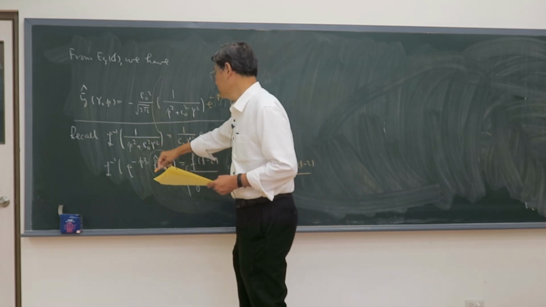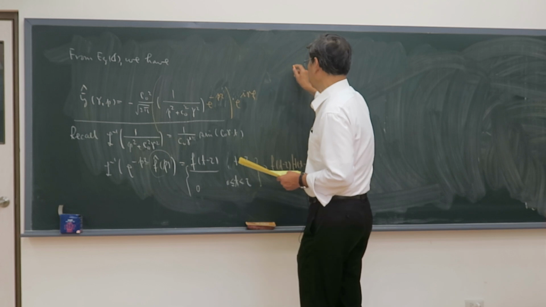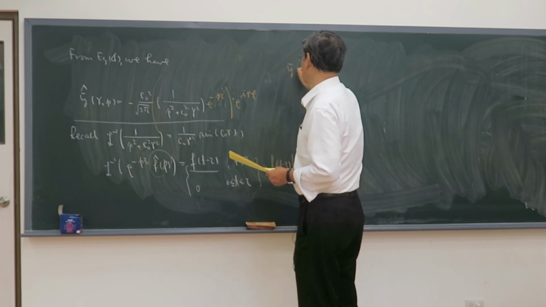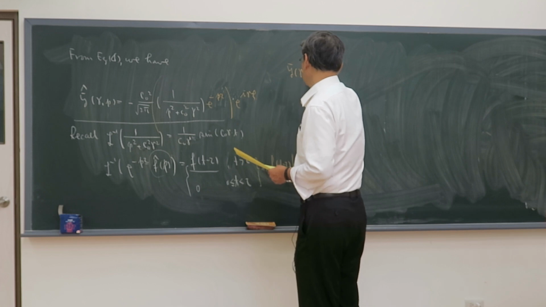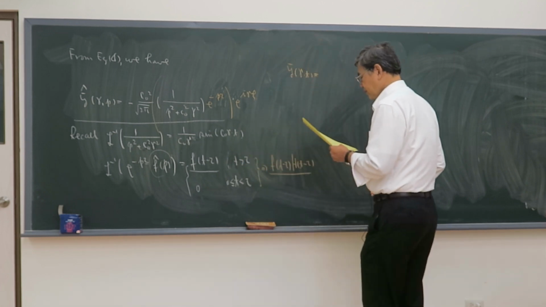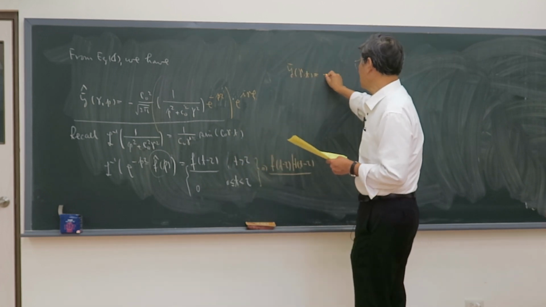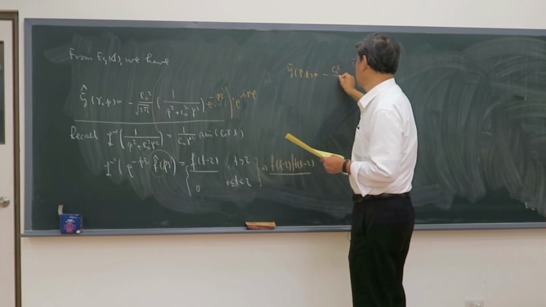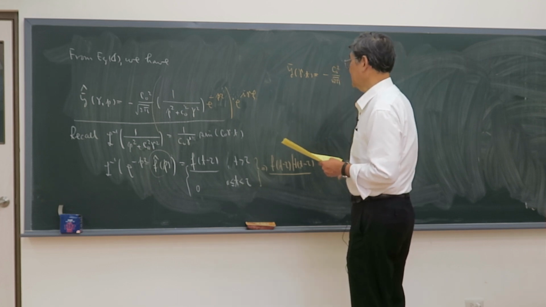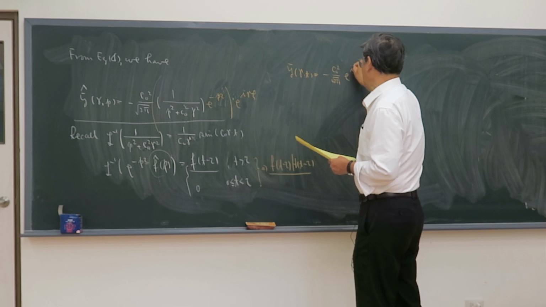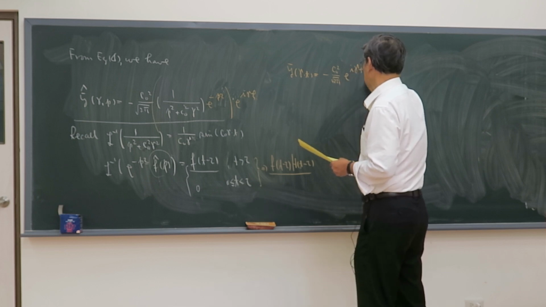So we use these two formulas. Now we go from gamma to time t. This constant c0 square over 2 pi, keep it, and e to the i gamma c, keep it.